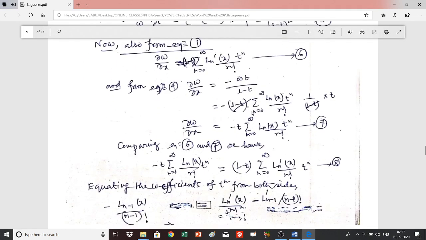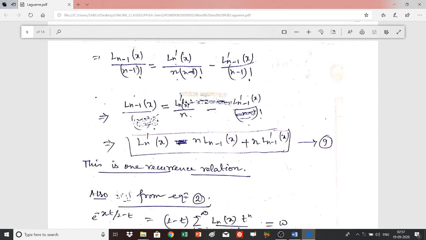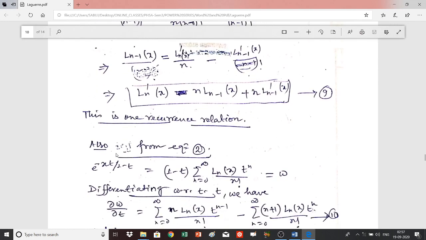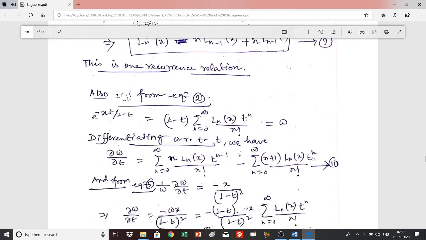And you have to use this value. So from equation 2 you can write, obviously here it is written once again, e to the minus x t over 1 minus t, sum n equals 0 to infinity L_n x t to the n by n factorial, that is equal to omega. So differentiating this equation with respect to t, we use these two terms.